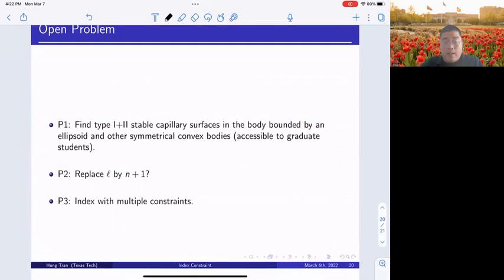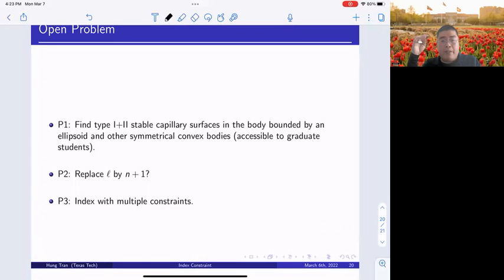So now let me discuss some open problems in this direction. The first problem here is very, very accessible to graduate students. So instead of the ball, we can consider a convex body with certain symmetry in a Euclidean space. And then we ask the question of finding all stable capillary surfaces in these convex bodies.